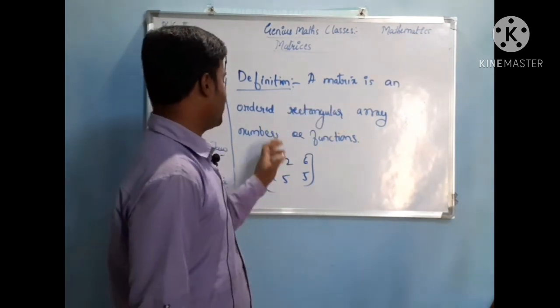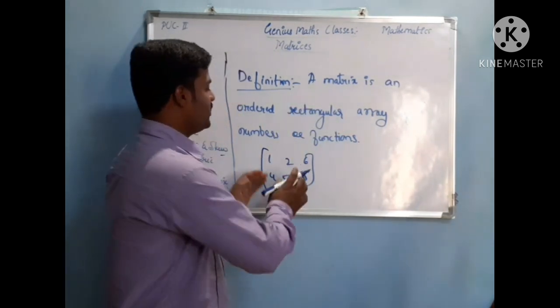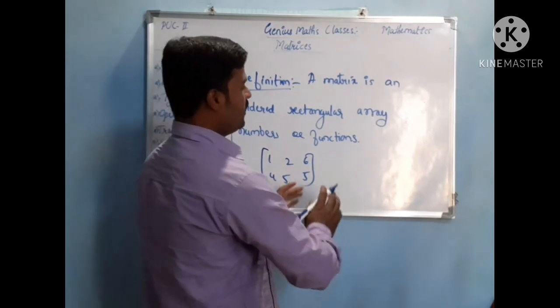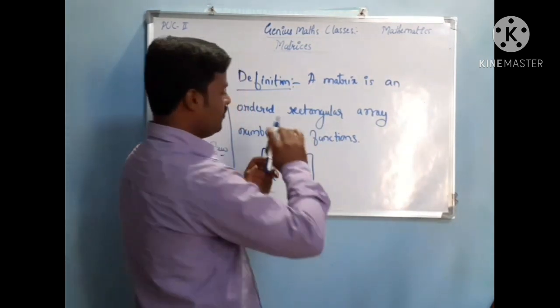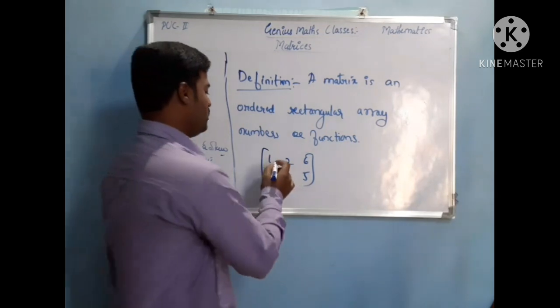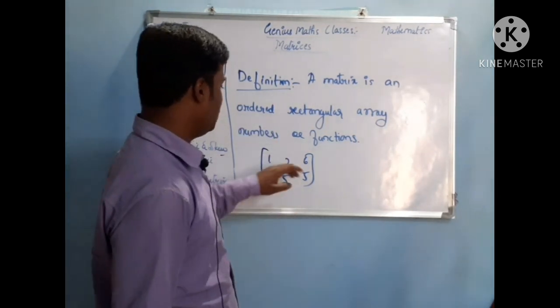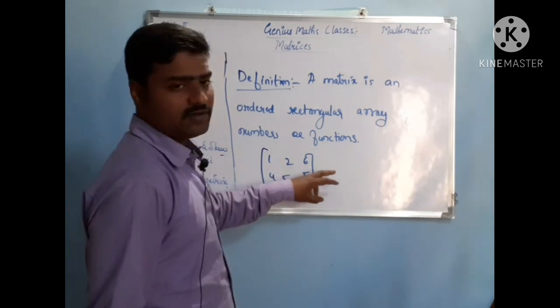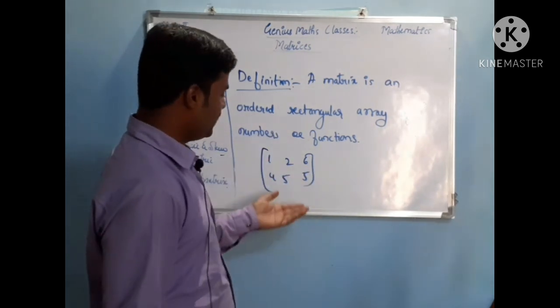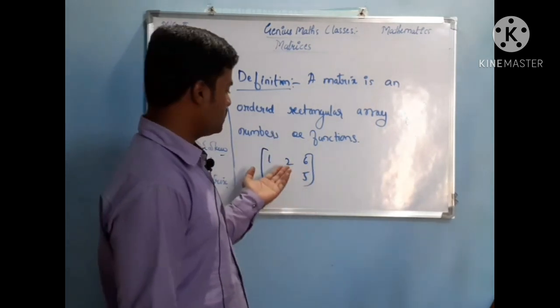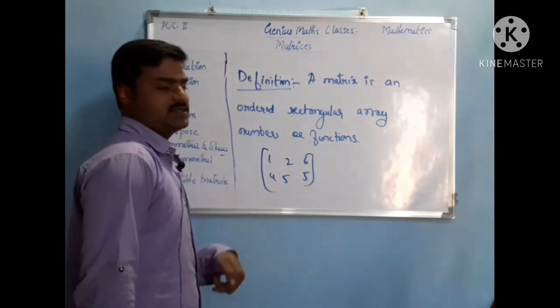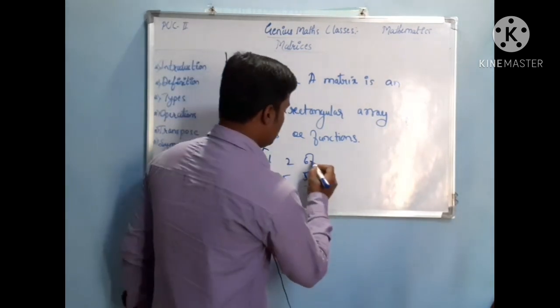A matrix is an ordered rectangular array, so it has some order, of numbers or functions. Here you might see either numbers, or you can also insert functions in the matrix. These are called entries.